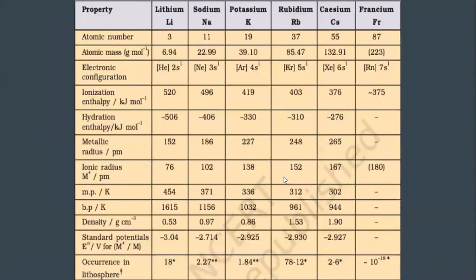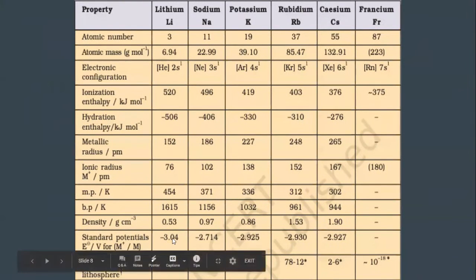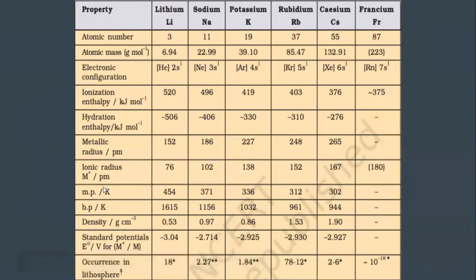In this table, we see different physical properties of group 1 elements. Observe the trend of standard potentials for group 1 elements and see the melting and boiling points of group 1 elements also.